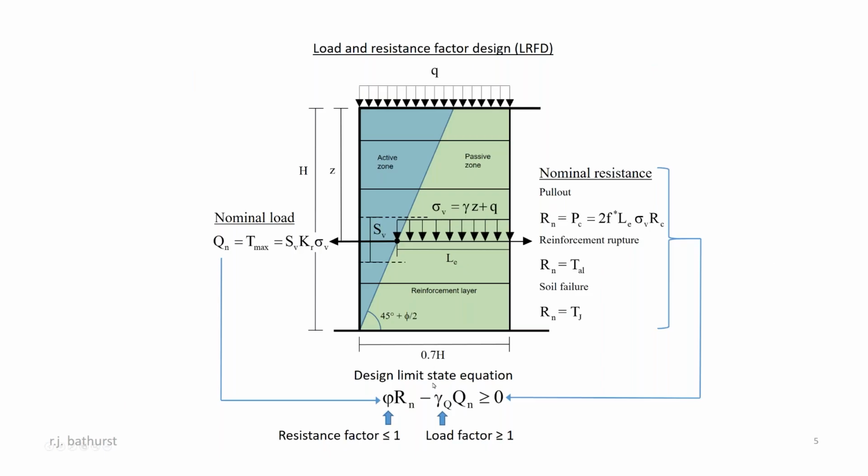This means that the nominal resistance term which you see here is multiplied by a resistance factor, which is 1 or less, and the nominal load term is multiplied by a load factor, which is 1 or greater. And this equation has to be greater than 0 in order for the limit state to be satisfied.